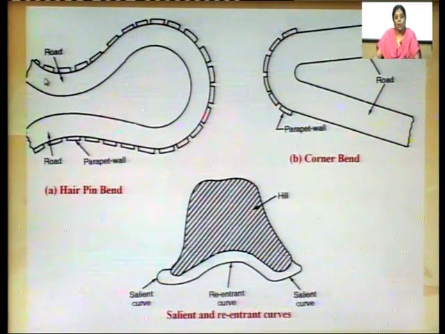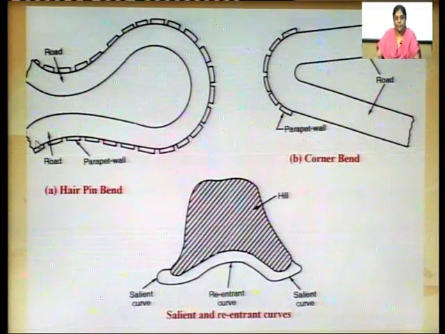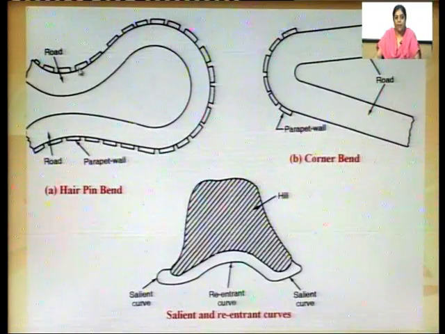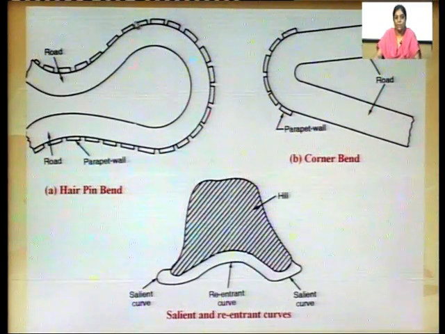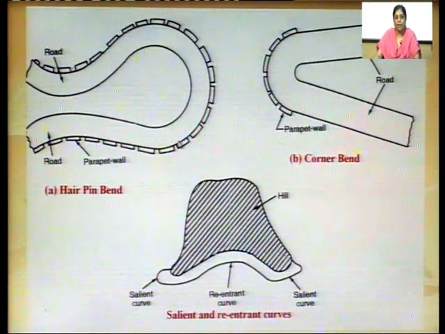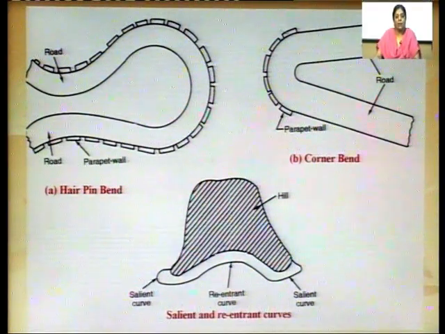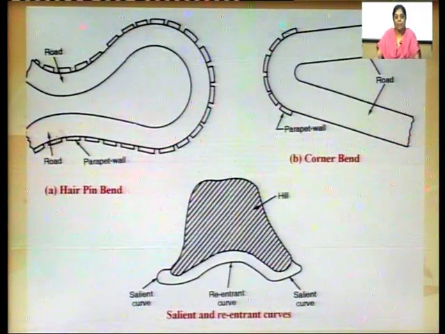This hairpin bend is changing the direction of the road through 180 degrees. And throughout this bend, there are parapet walls. These parapet walls will save the vehicle from falling into the khud. So, this is a hairpin bend.